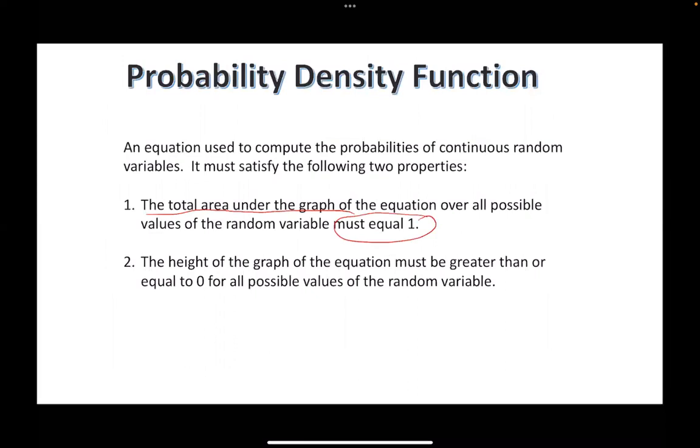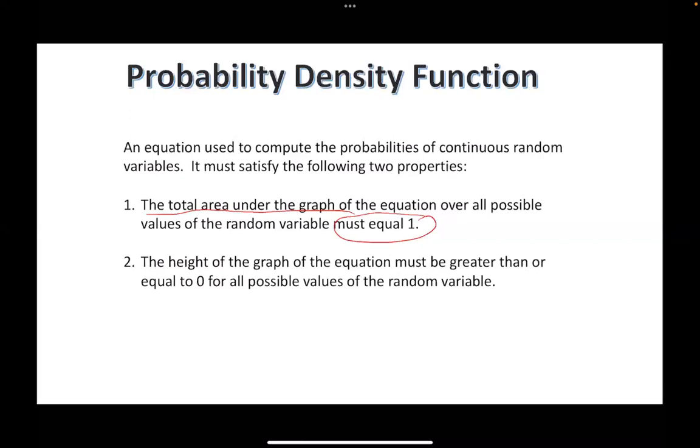So all of it together equals 1, so the area under that graph equals 1. The height of the graph has to be greater than or equal to 0 for all the values, because if they are equally likely, they're not all going to be 0. If they're all 0, why are we even talking about it? So they're going to be greater than or equal to 0 for all of the outcomes.